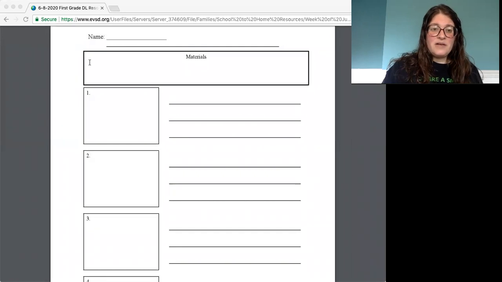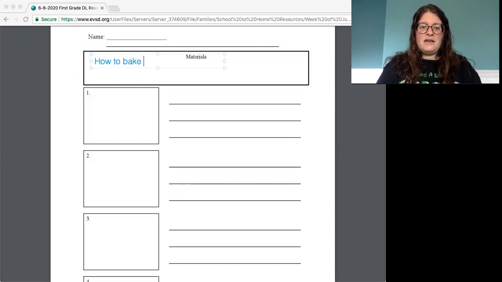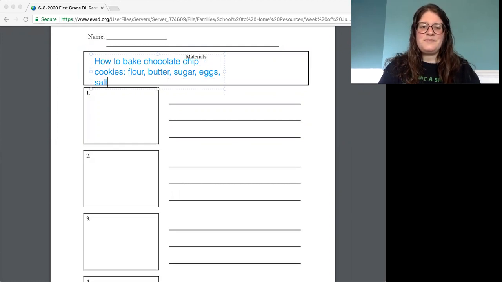So I love this page here because it has a really good way to organize your thoughts. So if I'm going to do the topic of how to bake chocolate chip cookies, the materials I'm going to need are flour, butter, sugar, eggs, salt, baking soda, chocolate chips, vanilla, and I think that's it.